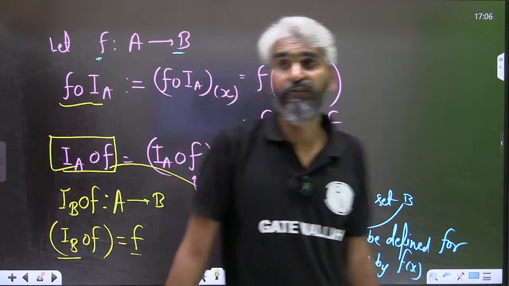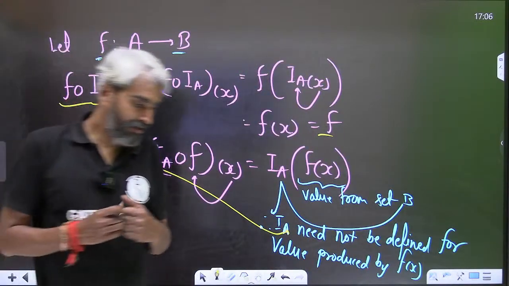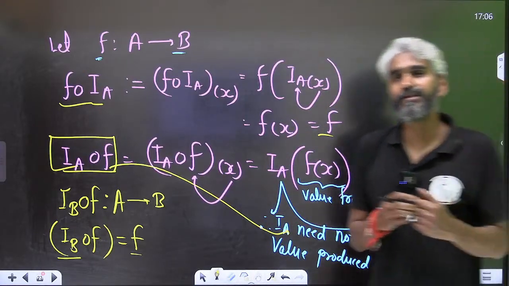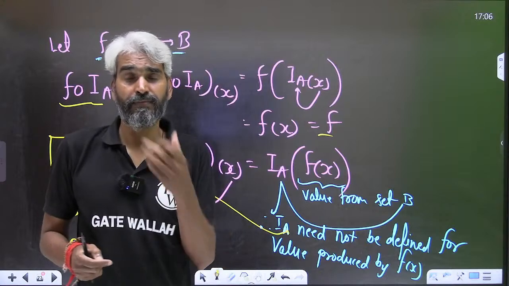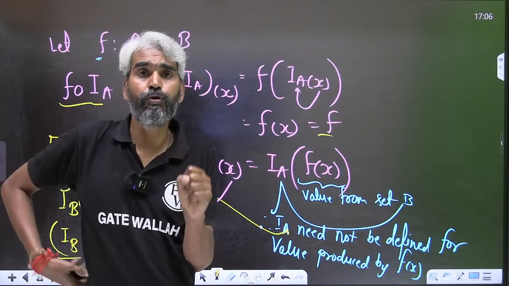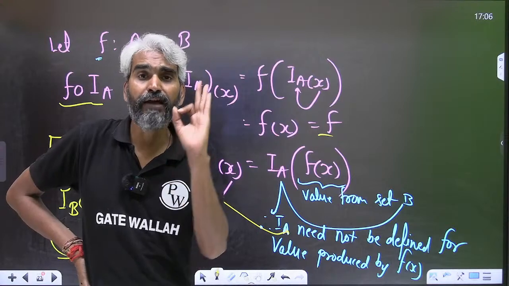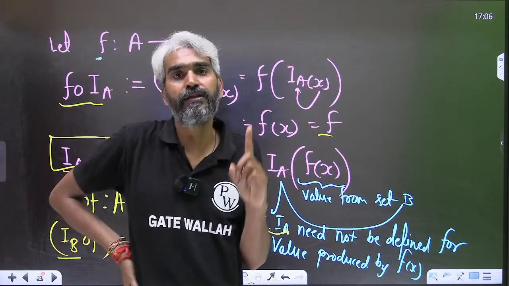Kajal is asking about the difference between function and mapping. When you say function, it is guaranteed, listen to me carefully, that every element of the domain will map with exactly one element of the codomain.